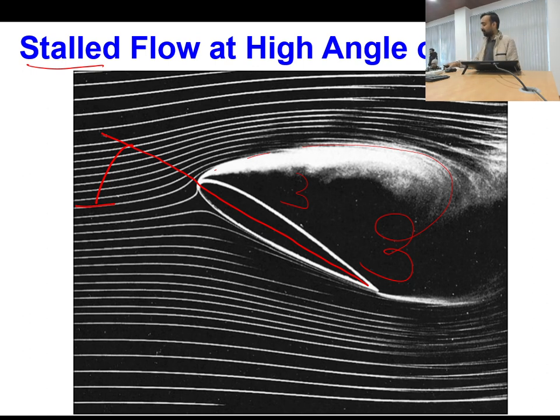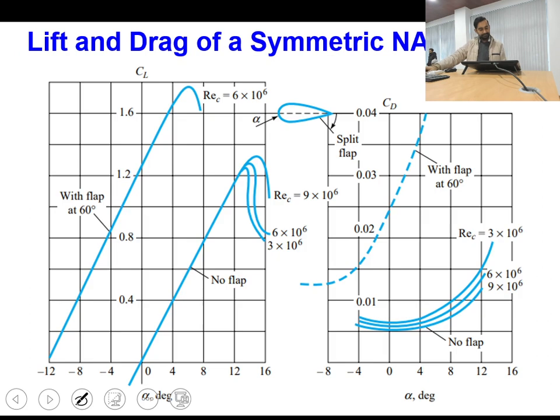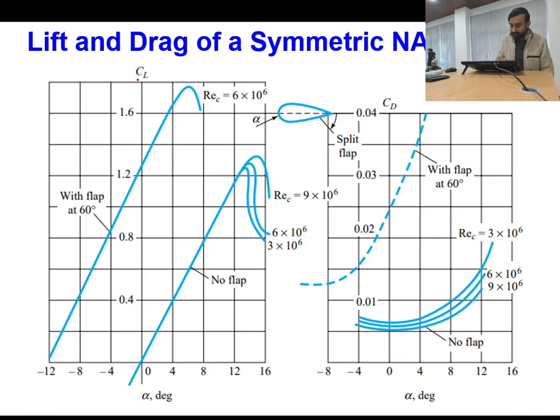That is called stalling of the aerofoil. These are the lift coefficients and drag coefficients for different aerofoil conditions, and you can see clearly this point corresponds to the stalled condition. After this point there will be a sudden fall in the lift.